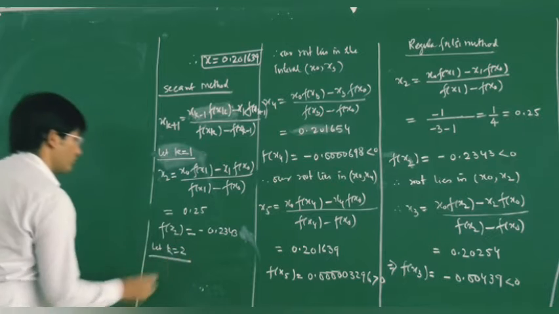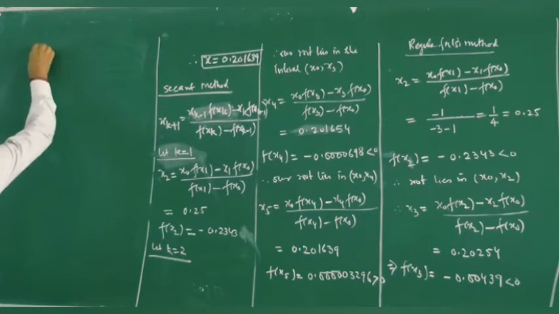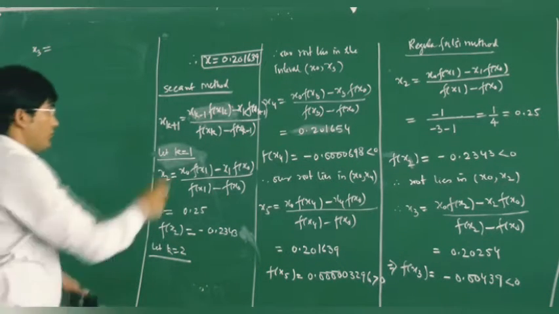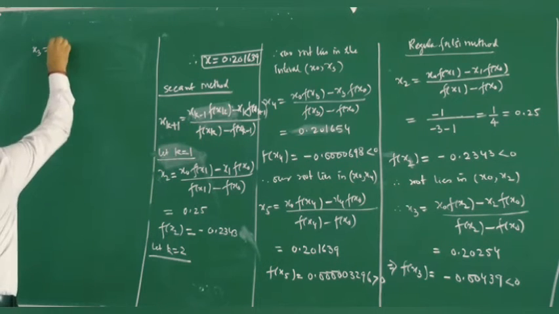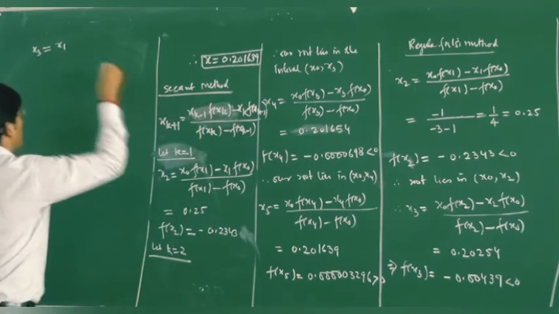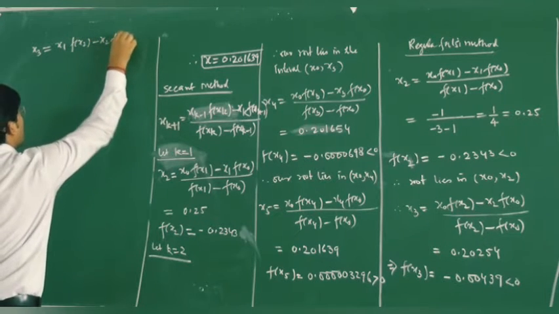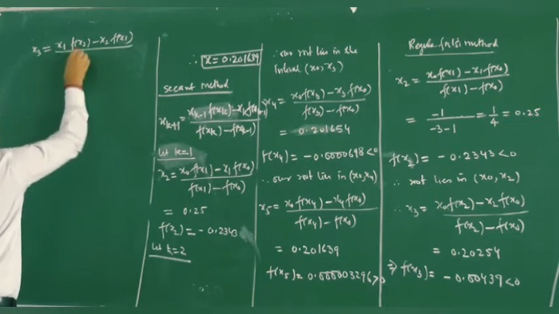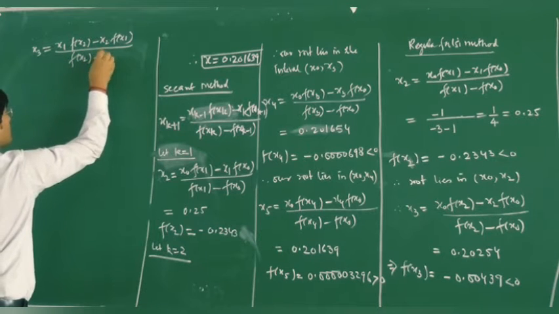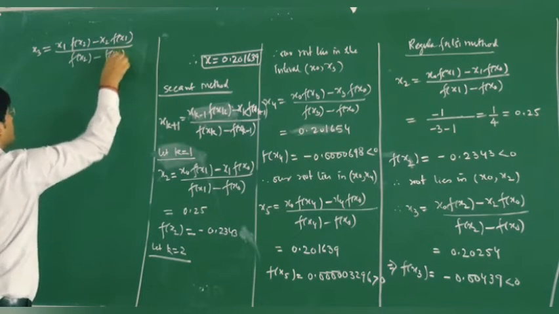So put k equal to 2. Your second iteration will give x3. So we have x1 f of x2 minus x2 f of x1 divided by f of x2 minus f of x1.